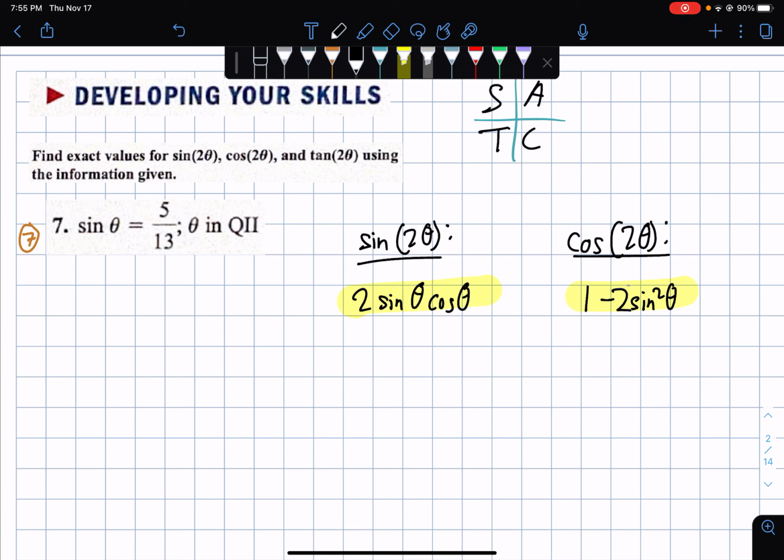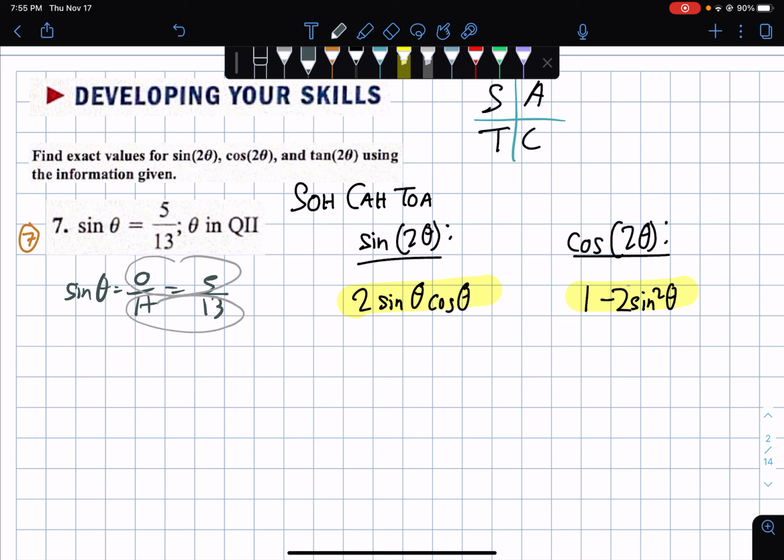According to SOHCAHTOA, sine theta is equal to O over H. Right now, it's 5 over 13. Our opposite side is 5, our hypotenuse is 13. We have to look for the adjacent side. The adjacent side is the square root of 13 squared minus 5 squared, so the adjacent is equal to 12.